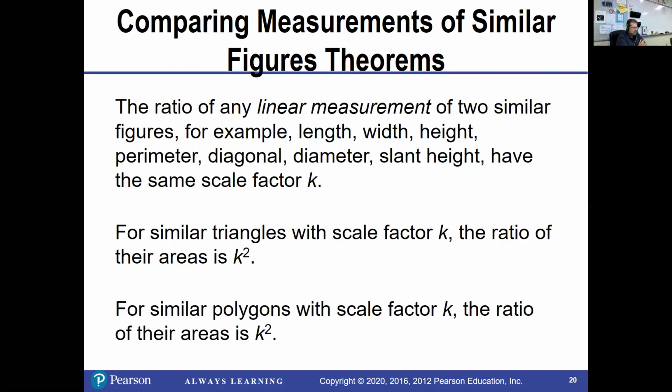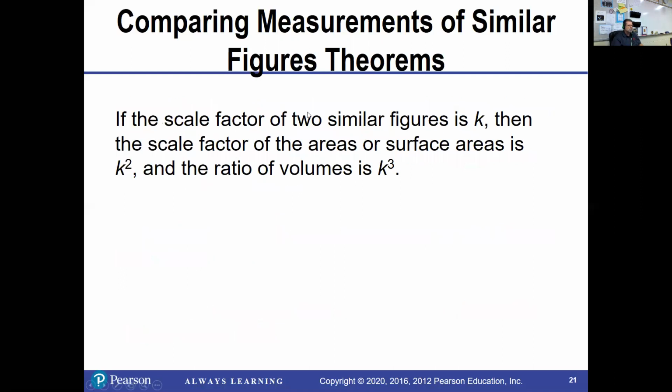Once you know that scale factor of k, anything dealing with areas would have a scale factor of k squared, along with polygons. So if the scale factor of two things in their perimeter is 4, then in their areas, you find one area, then its scale factor will be the square of that. The scale factor has to be squared, and that's what we did before.